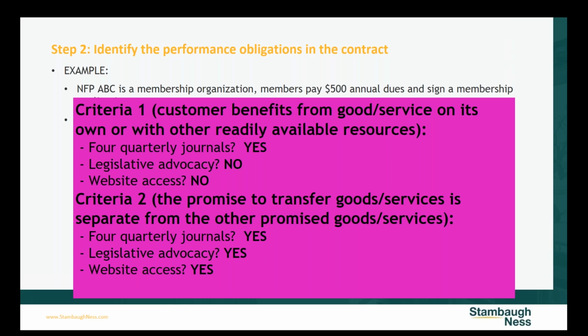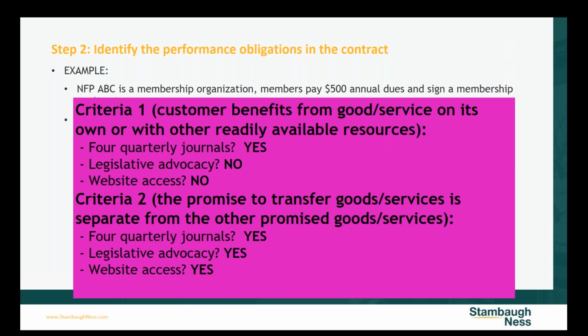This goes hand in hand with thinking about whether we would be able to get that piece on its own, which is criteria 2. You could have legislative advocacy, maybe you could pay for that on its own, but in this scenario, it's all grouped into one.